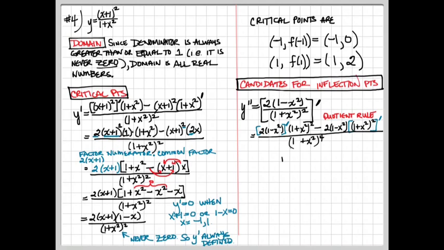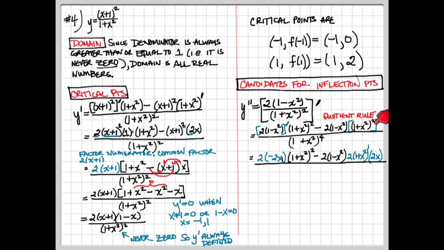In this case, when I take 1 plus x squared squared, I will now have 1 plus x squared to the 4th. So for the first derivative, I have the 2 carrying down times the derivative of 1, which is 0, and the derivative of negative x squared, which becomes negative 2x. This we multiply by 1 plus x squared squared minus 2 times the quantity 1 minus x squared.